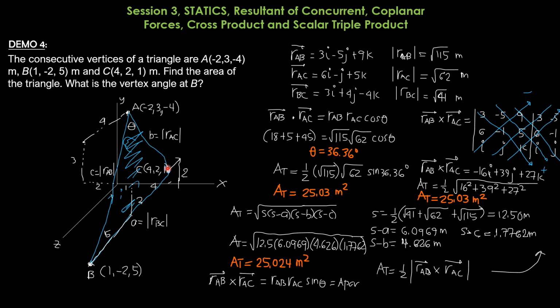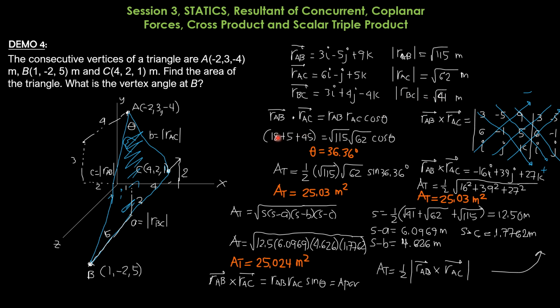meters. Then RBC, B to C, this is 4 minus 1, so 3i, then 2 minus negative 2, so positive 4j, 1 minus 5, negative 4k. The magnitude is square root of 3 square plus 4 square plus 4 square, square root of 41 meters.